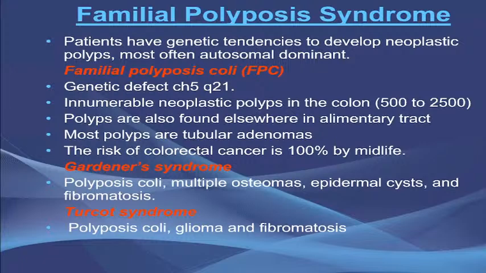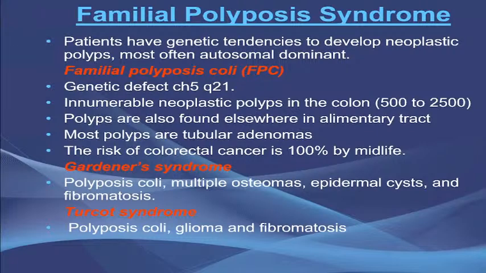And these individuals tend to have innumerable neoplastic polyps in the colon, 500 up to 2,500 polyps. They are also found elsewhere in the GI tract, and most of them are tubular adenomas. And they have a risk of colorectal cancer of about 100% by midlife.